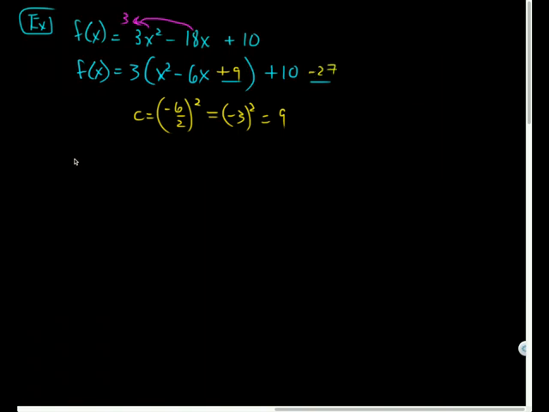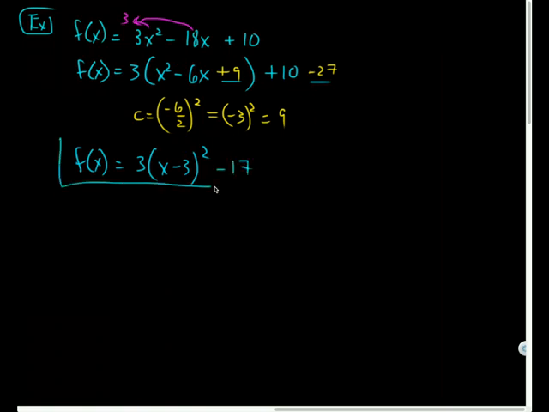And now I can fast factor, and I'll get f of x equals 3, parentheses, x minus 3 all squared. This minus 3 you could find right there. You also could find it by dividing your b term by 2, right? Whichever way is easiest. And then 10 minus 27 is negative 17.